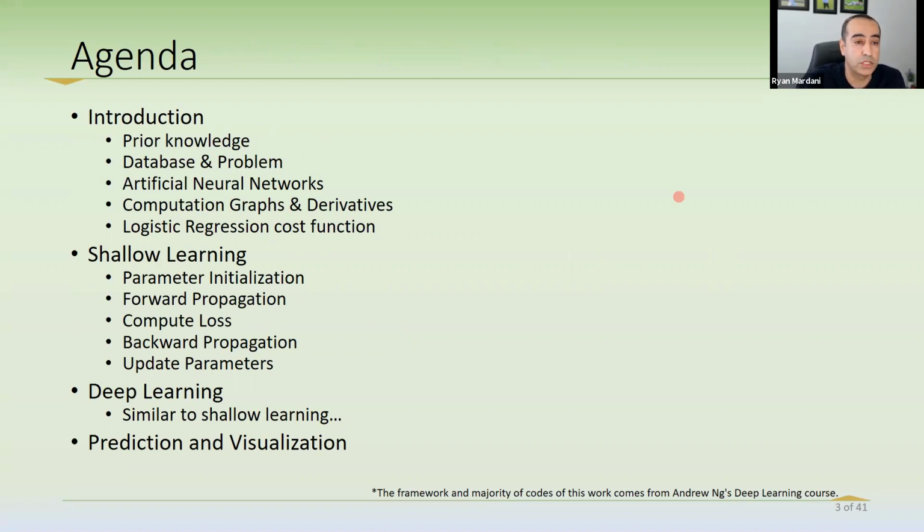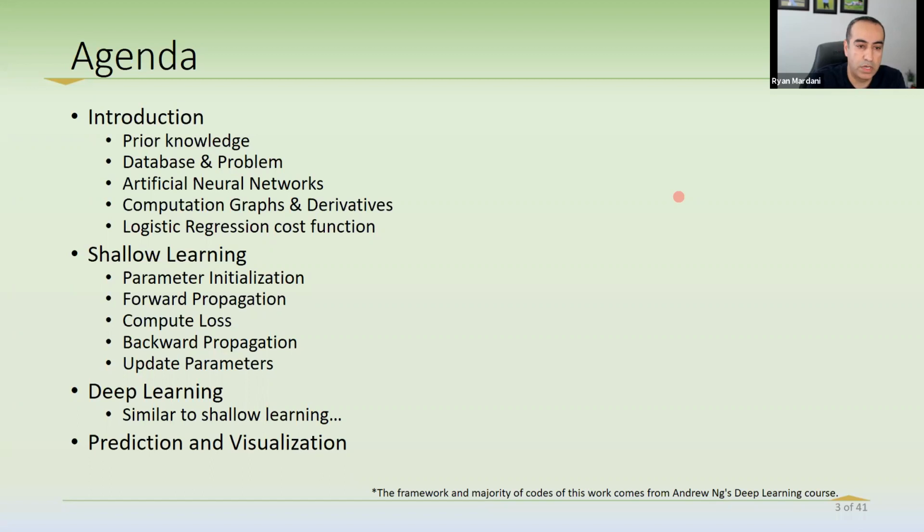And the agenda for this presentation will be like this. We will first have some introduction and the basic concepts about the prior knowledge database that I use for this presentation, and some introduction to artificial neural networks, computation graphs, and logistic regression as a cost function. Then we'll go for shallow learning.